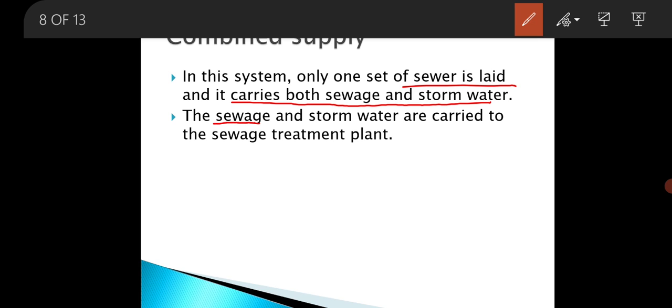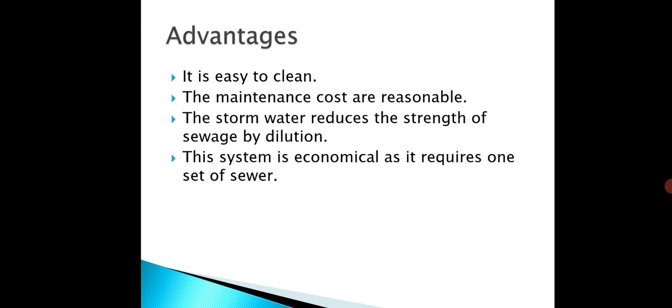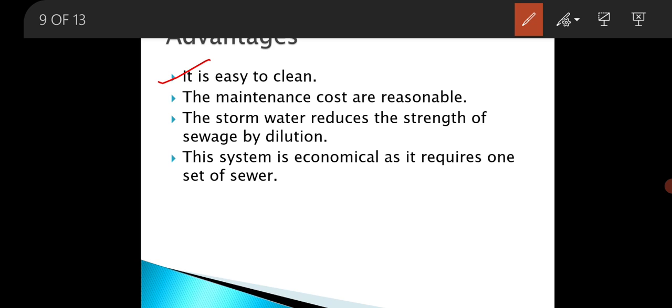Here, both sewage and storm water are carried to the sewage treatment plant. So what are the advantages of combined system? First one is it is easy to clean as the sewers are large in size.